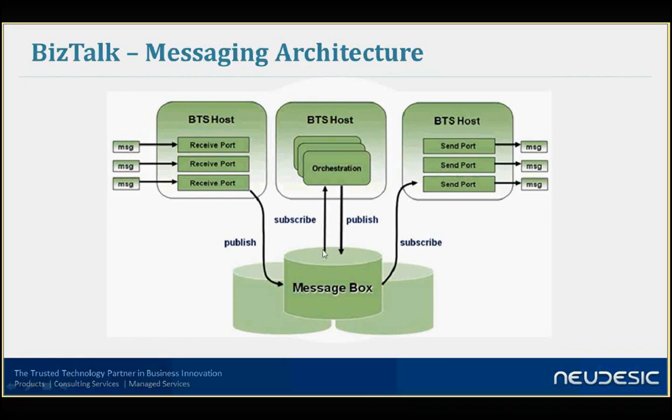It can be subscribed to by any orchestration, or it can be subscribed through any send port or send port group. If an orchestration uses a message, and if any changes happen to the message, it will recreate a new message and publish it to the message box.